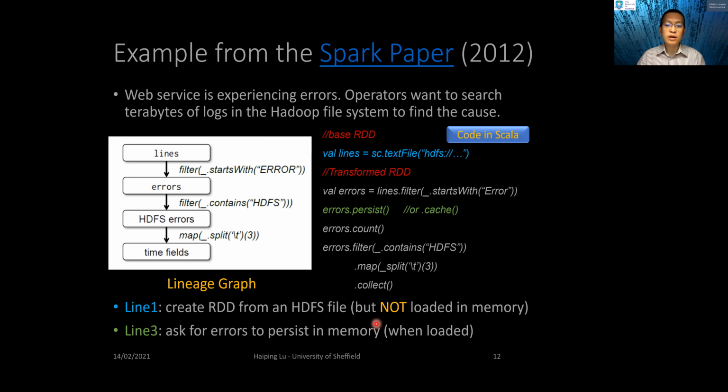That is not actually loading the data and keeping it in memory; it is just a plan, saying that when the data is loaded, it should be cached in memory. Only when you do count will it actually do the loading and the caching.